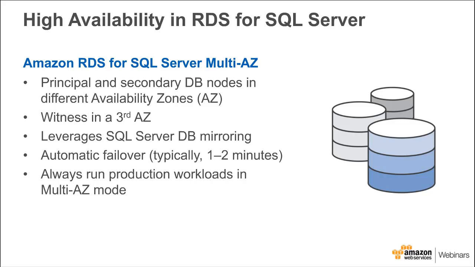This feature deploys two identical instances, a principal and a secondary, in different availability zones, with a witness in a third availability zone. It leverages synchronous SQL Server database mirroring technology to replicate data to the secondary instance. And in the event of a failure, the secondary instance is made available for continued operations.